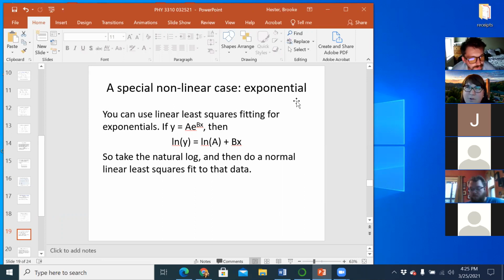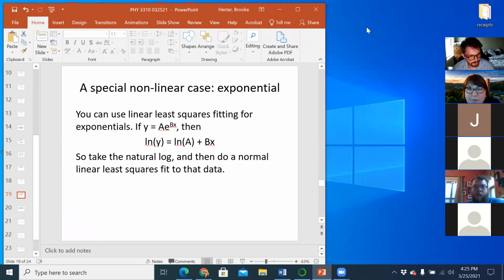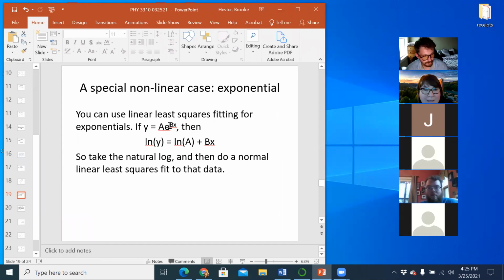You can just plot it differently, and then it's a line, and you can fit it with linear least squares. So let's consider this function, y equals a e to the bx. It's an exponential function with b as our coefficient in the exponent, and a as our coefficient out front.